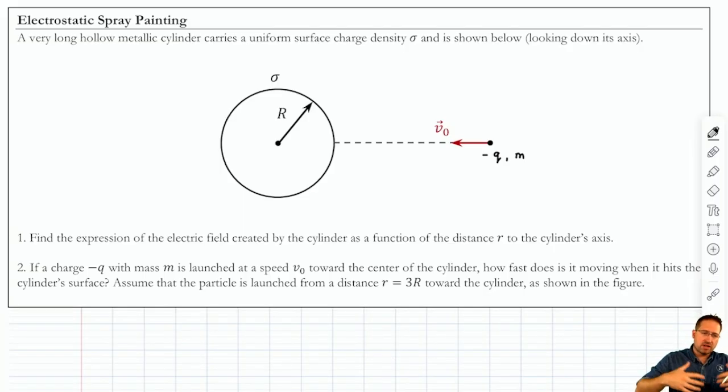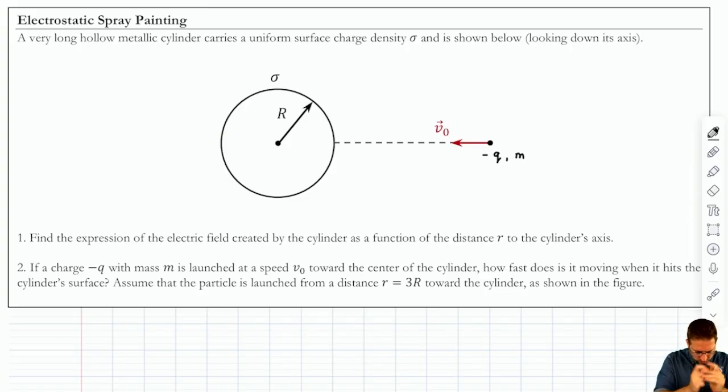So it prevents making too big of a paint mist in your hangar and getting everything messed up, and lets you paint planes very accurately in a clean way. So it's a cool application, but the goal again is to find E everywhere, and then we'll find V plus minus V minus to do conservation of energy in this problem part here.